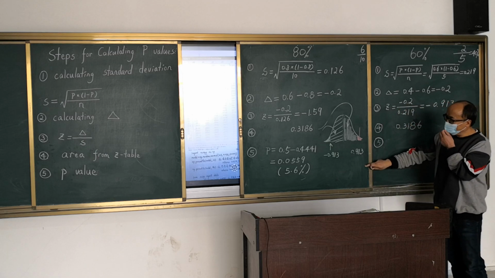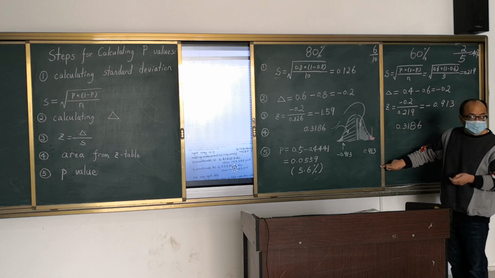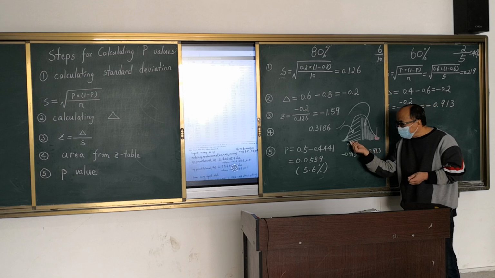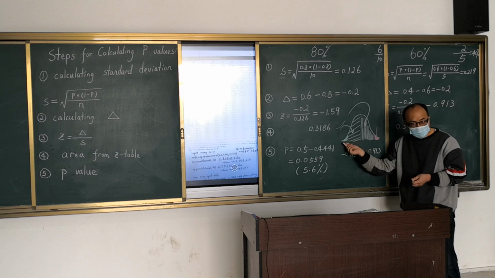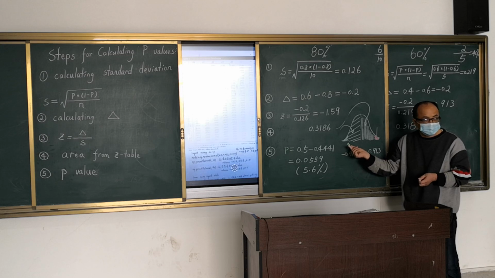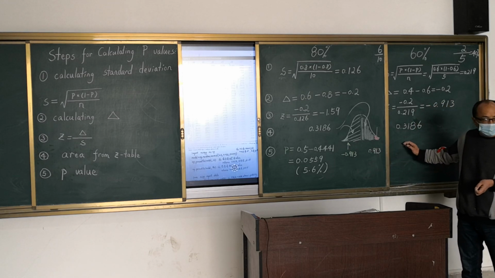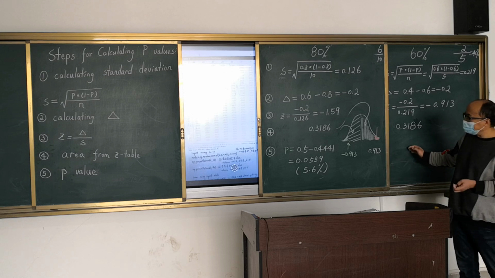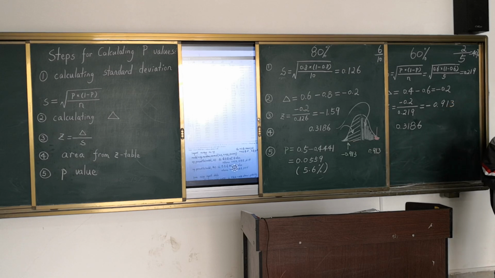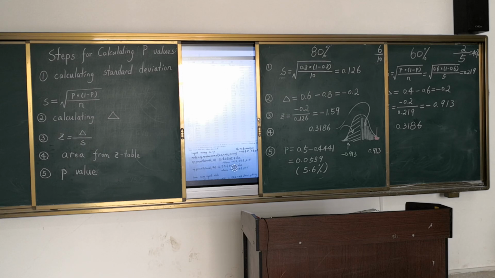You'll find that little tail area. Okay, if you don't find it, you drive home. You find it. That little tail area. What is that little tail area? What's the right?